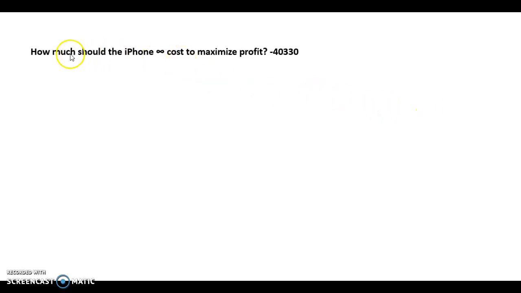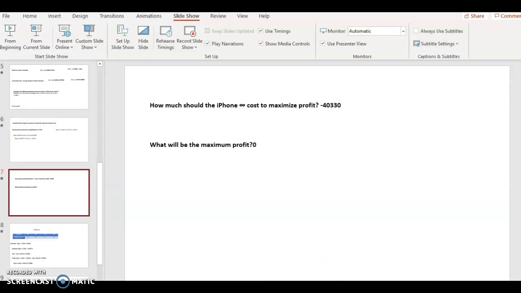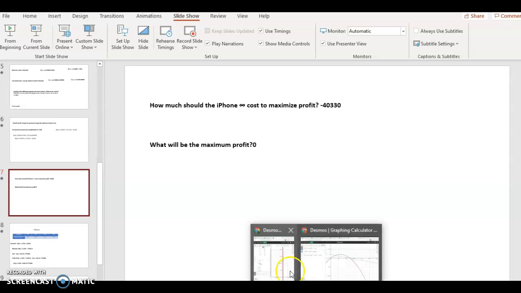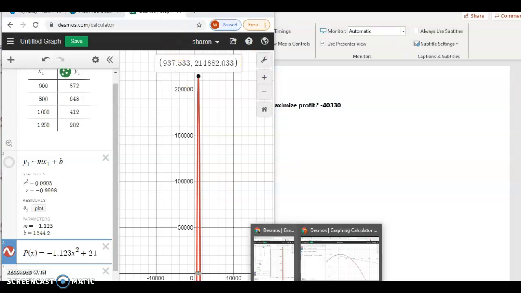So for my graph, I think the maximum profit would be negative 40,000, and this is why. No, that's the wrong one.